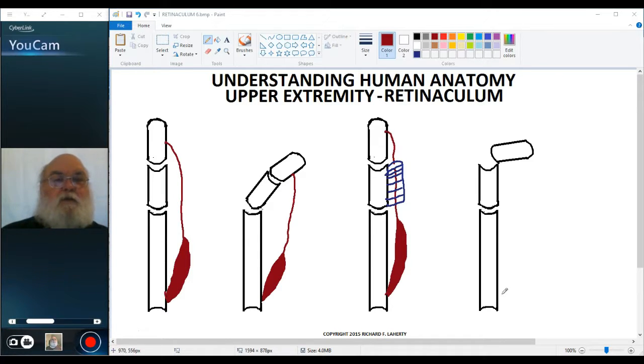So let me draw in the muscle again. Color in the muscle.